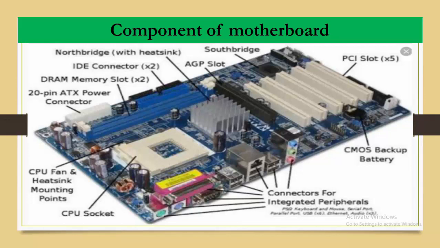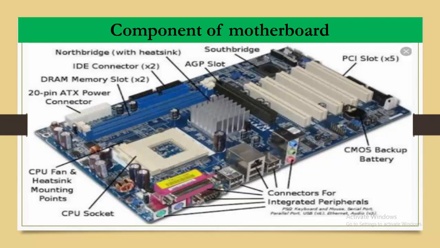Some of the basic components of the motherboard are shown in the figure: the AGP slots and PCI slots, the south bridge, the CMOS battery, the backup battery, and others, the front connectors. Some of them are listed on the next page, which you can see if you need.